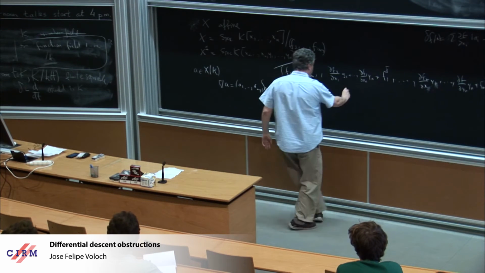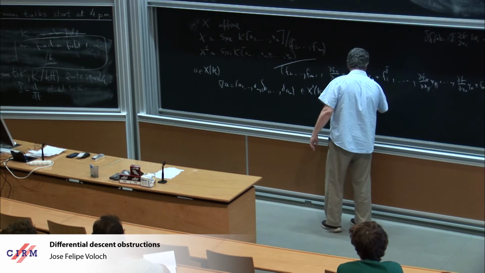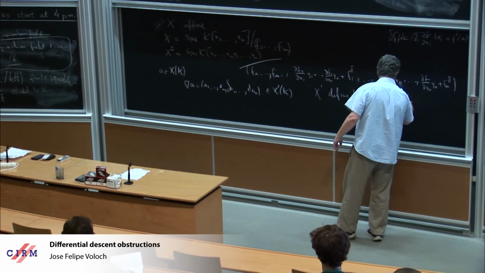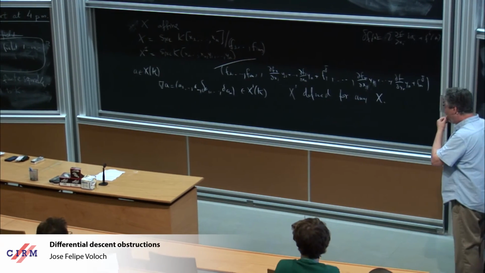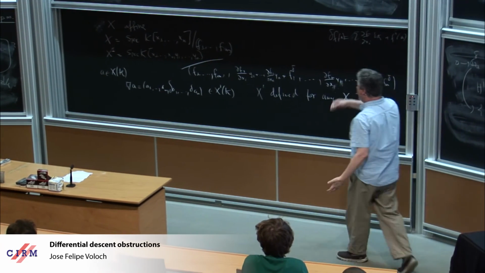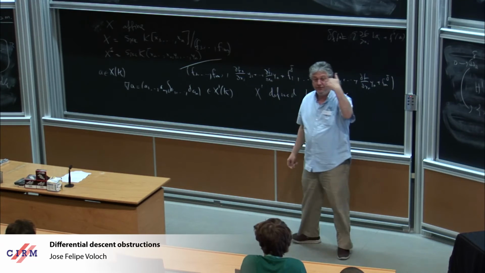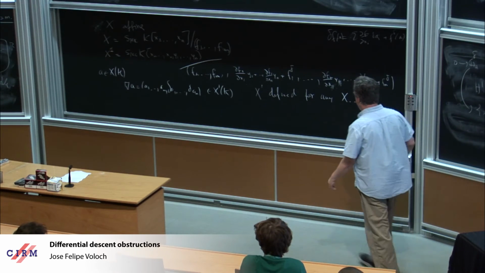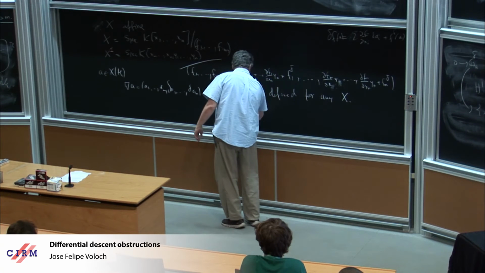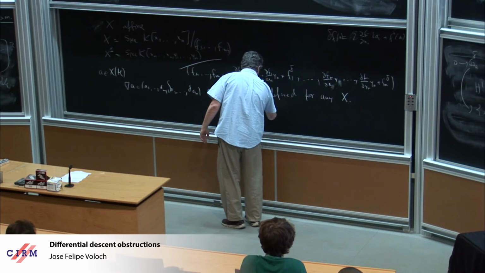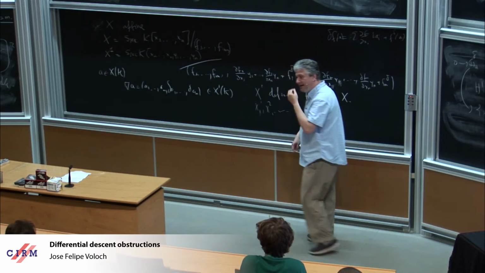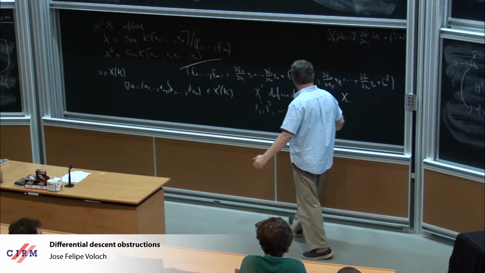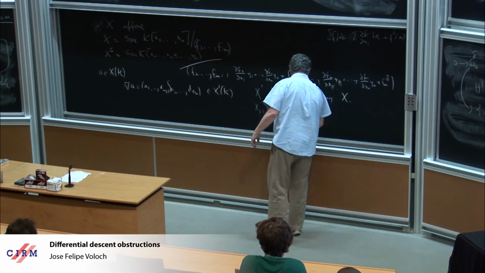So X1 is defined for any X. It doesn't have to be affine. That's the description of the affine case. And then you can iterate. So you can define X2, X3, and so on, higher derivatives, and you can even define an X infinity, which is not a scheme of finite type anymore, but is still something.